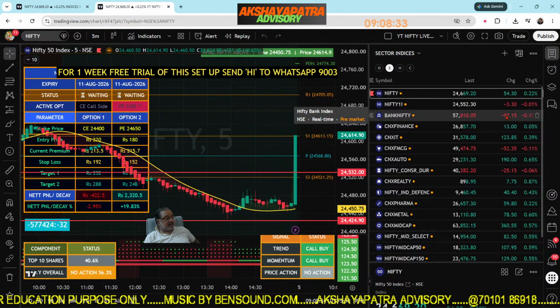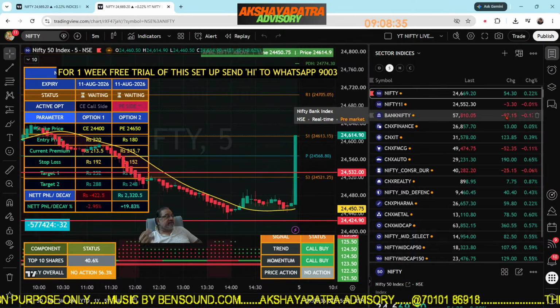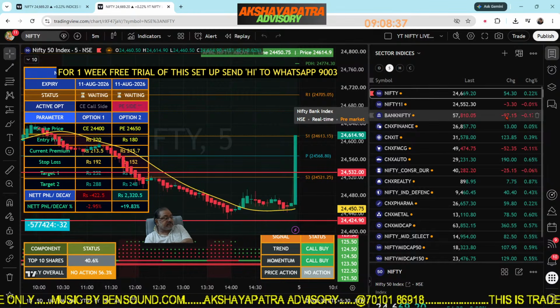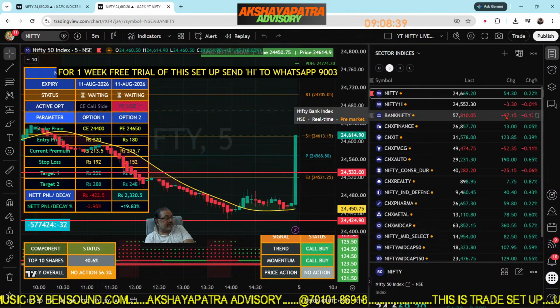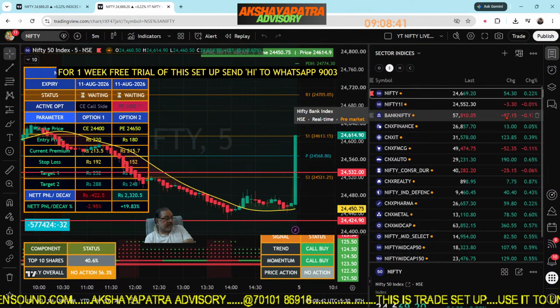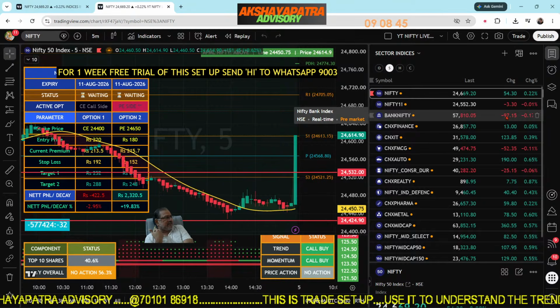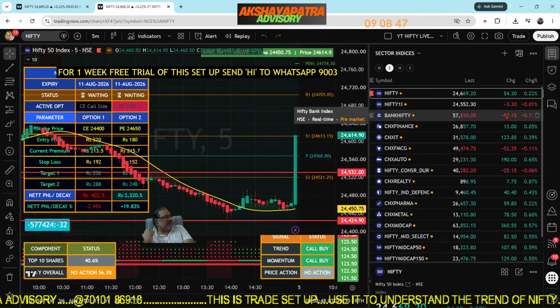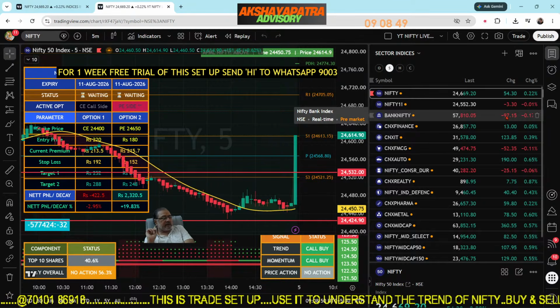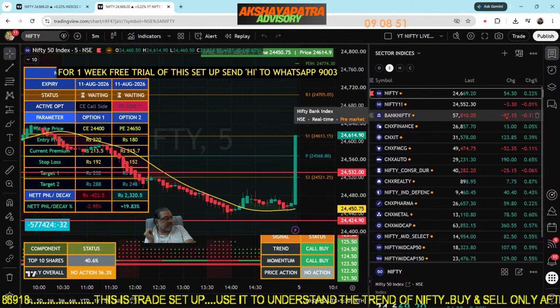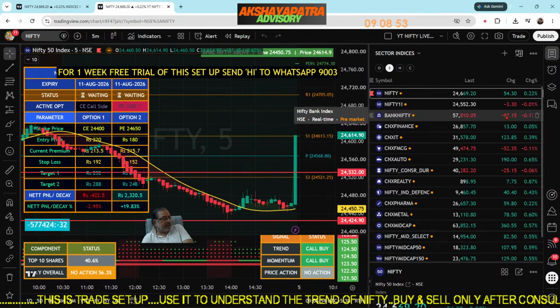So this will be highly fluctuating. I don't think it will be a big event today. That is my view. Even last time it was not major. Some 200, 300 points up and down movement happened. That's the maximum you can expect today also.